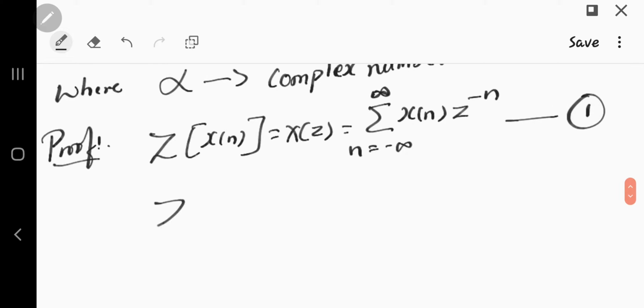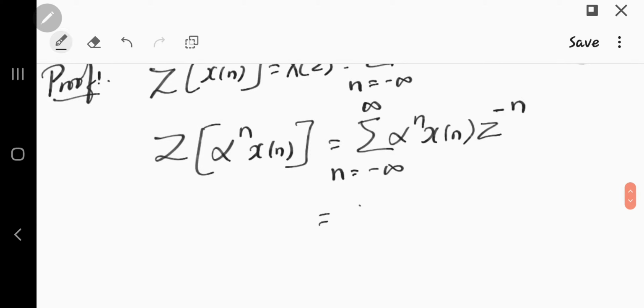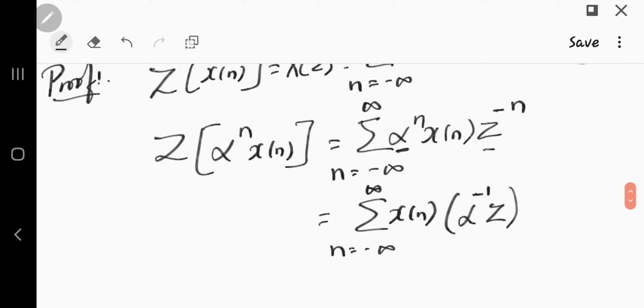And here we are taking z transform of alpha to the power n into x of n, which is summation from minus infinity to plus infinity alpha to the power n x of n z to the power of minus n. Now this z and alpha have the same power, so we can combine like this: alpha inverse z to the power of minus n.